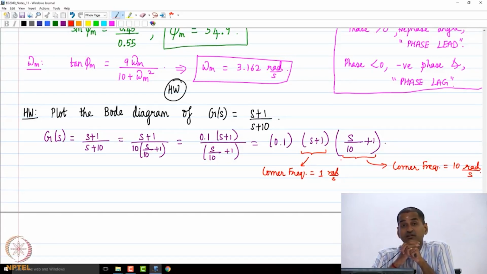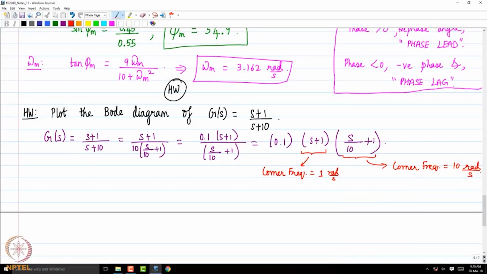So, when you use a logarithmic scale for omega, where is 3.162 going to be between 10 and 1? Midpoint, right. So, exactly why? Because if you want to essentially do the square root of 1 times 10, you take the log to the base 10.